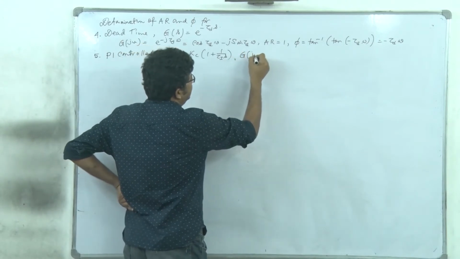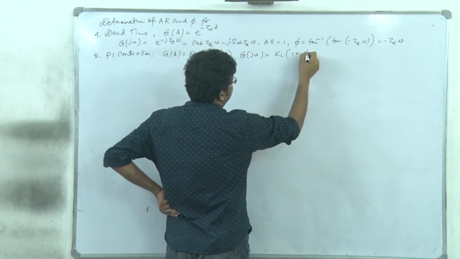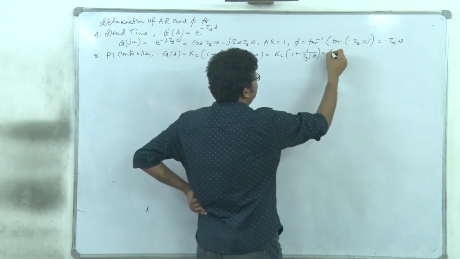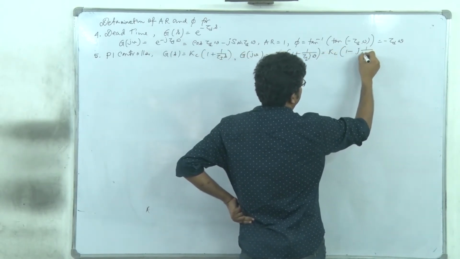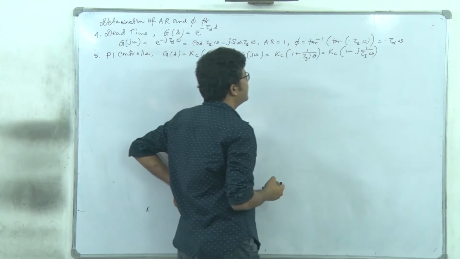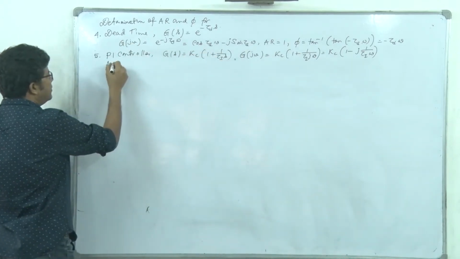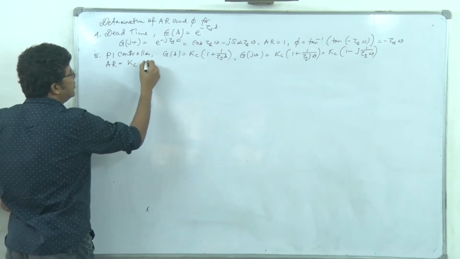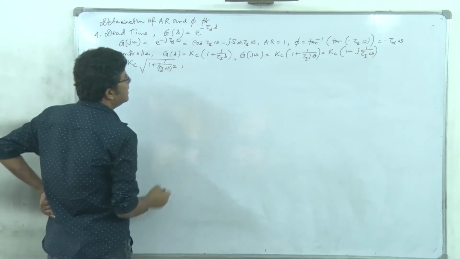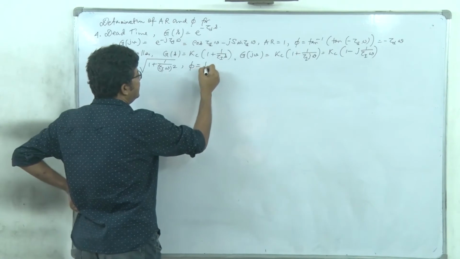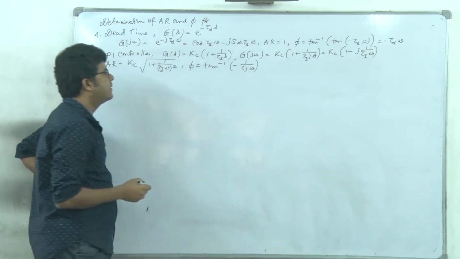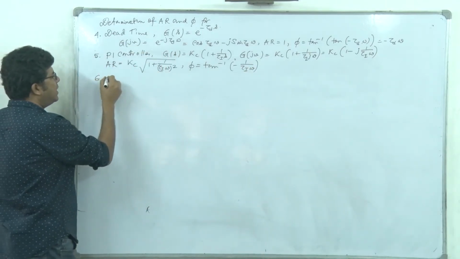So G(j omega) is equal to Kc into 1 plus 1 divided by tau I j omega, which is Kc into 1 minus j times 1 divided by tau I omega. So the amplitude ratio becomes Kc times the square root of 1 plus (1 by tau I omega) squared, and the phase shift phi is equal to tan inverse of minus 1 by tau I omega. Correct?